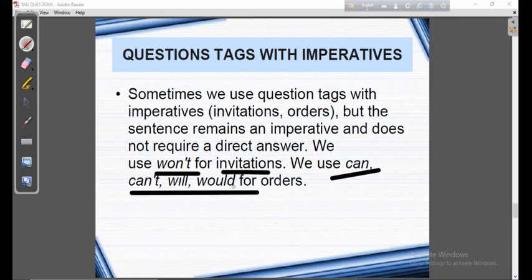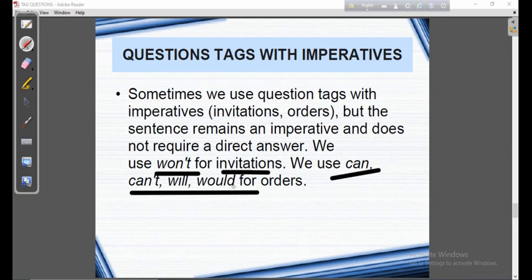I can make it easier for you like this. If the imperative sentence starts with a main verb, like "do the work", you may write "will you". If the sentence starts with "do not" or "don't", you may write "will you". If the sentence starts with "always" or "never", you may write "will you".